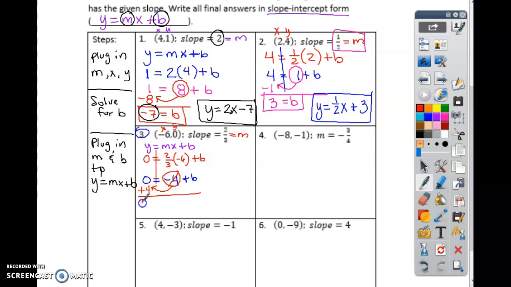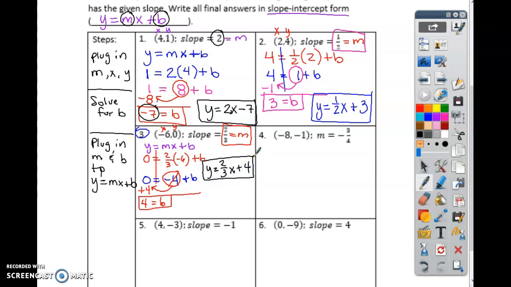So 0 plus 4 is 4. So my b equals 4. Right? So my m is 2/3, my b is 4. So my equation is y equals 2/3 x plus 4.